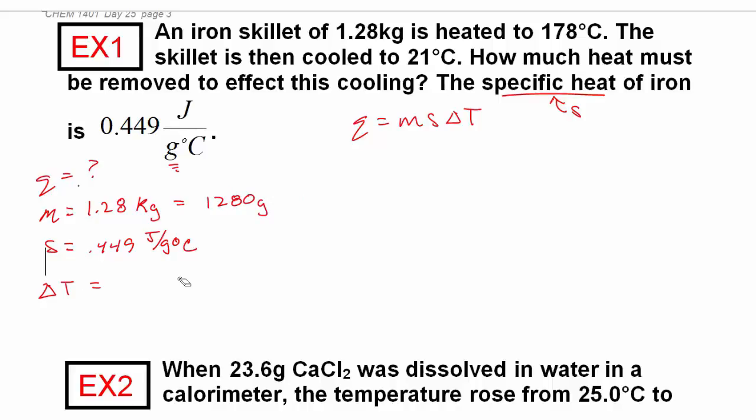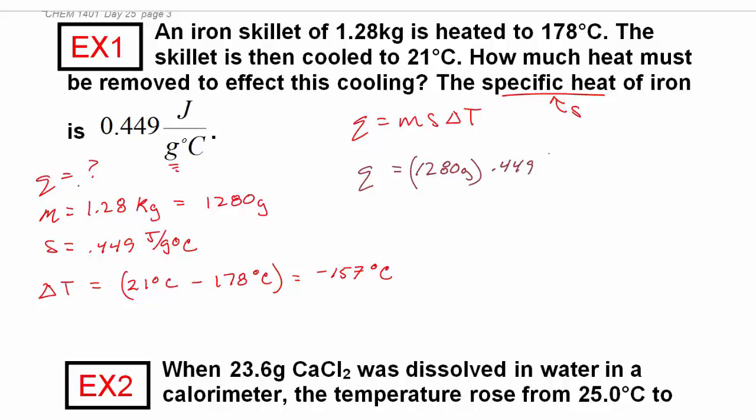Delta T is final minus initial. The final is 21 degrees Celsius. The initial was 178 degrees Celsius. And that's a negative 157 degrees Celsius. So I'm ready to plug and chug. My Q is going to be 1,280 grams times S, 0.449 joules per gram degree Celsius, times the change in temperature, negative 157.